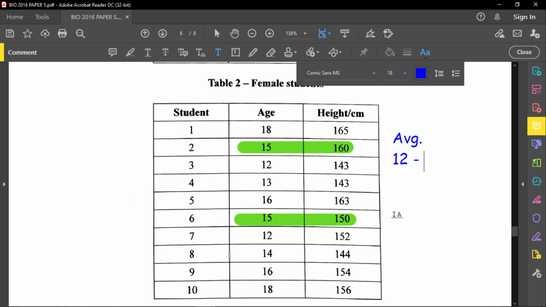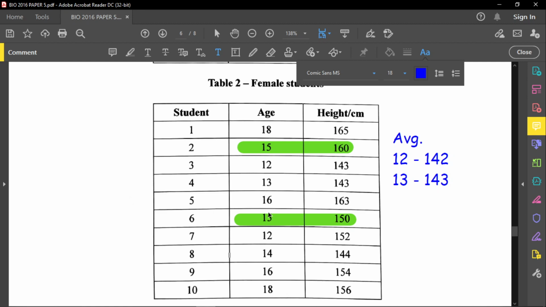For the 13-year-olds, you have only one person, so that would be 143.